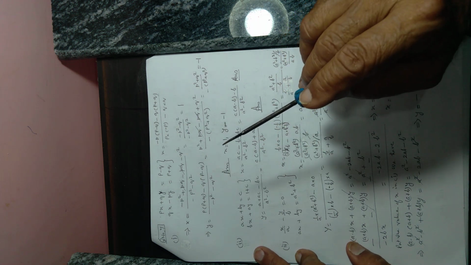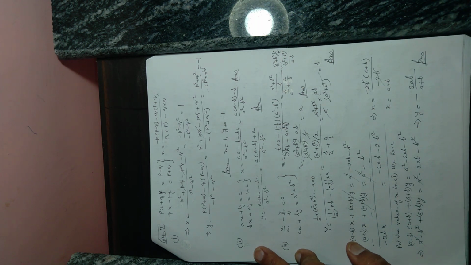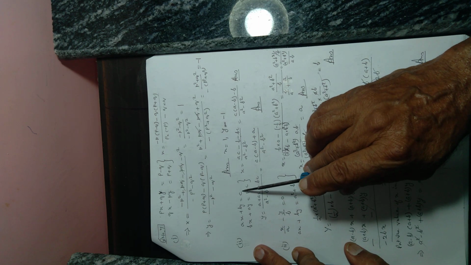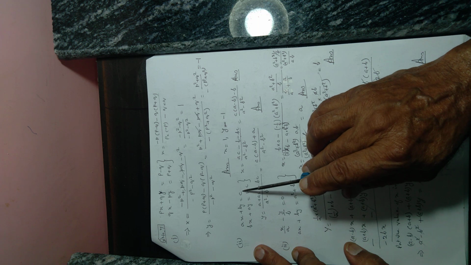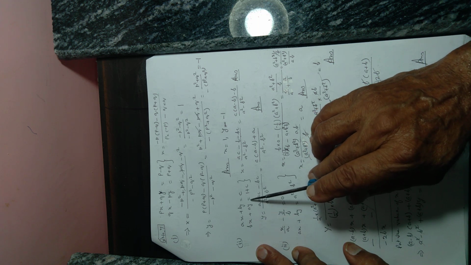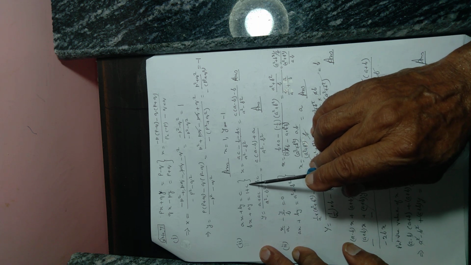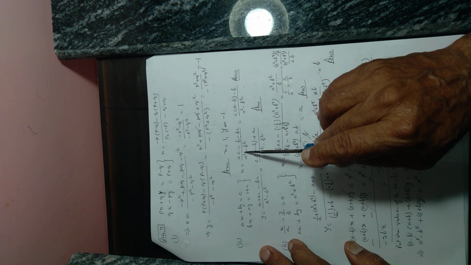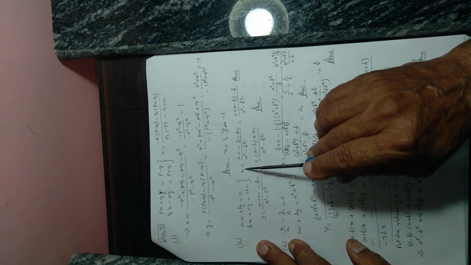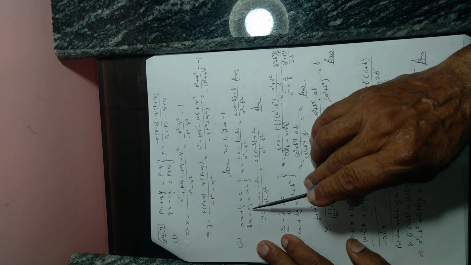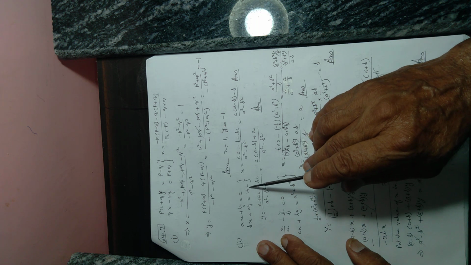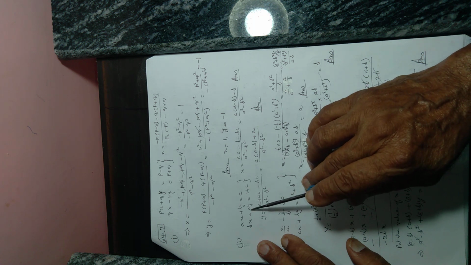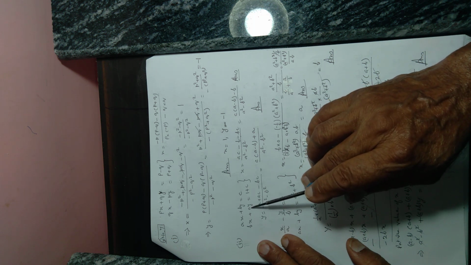For the second case, the second part of the question is ax + by = c and bx + ay = 1 + c. Here again I have done it with the help of the cross multiplication method. x will be equal to left to up. You see, the constant term is on the right hand side of the sign of equality. So here it will be LU, means left to up.